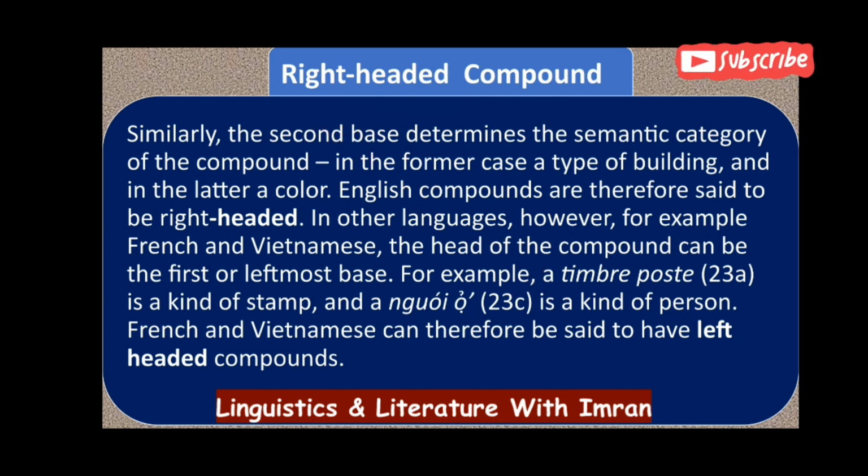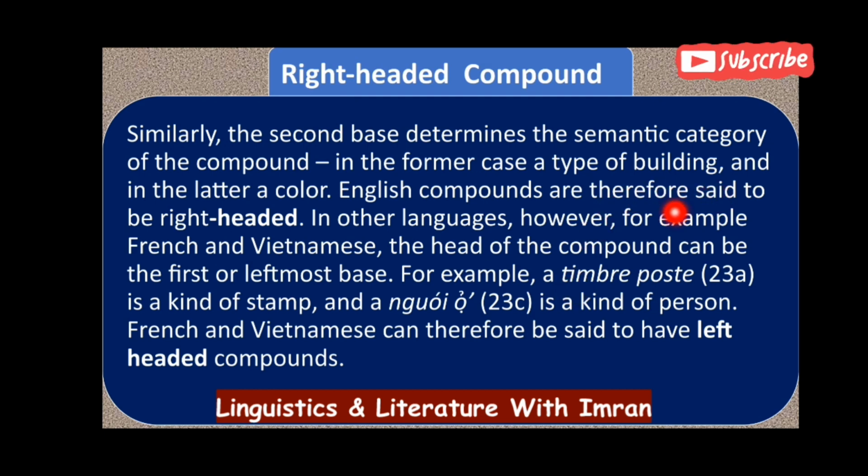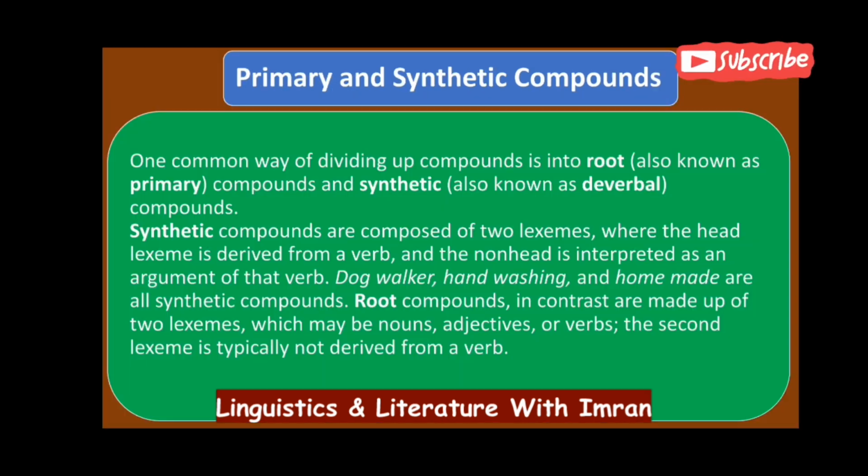Right-headed compound. So English is a right-headed compound. Similarly, the second base determines the semantic category of the compound. In the former case, a type of building, you can see this is the former one, like greenhouse, right? This is a kind of building or a type of building. And in the latter, a color, right?